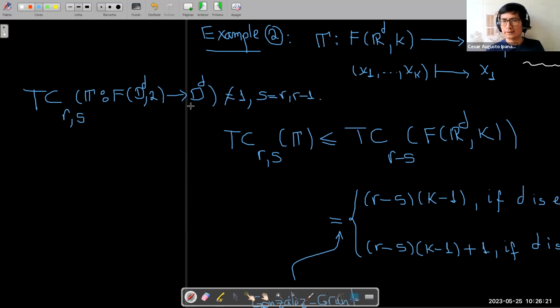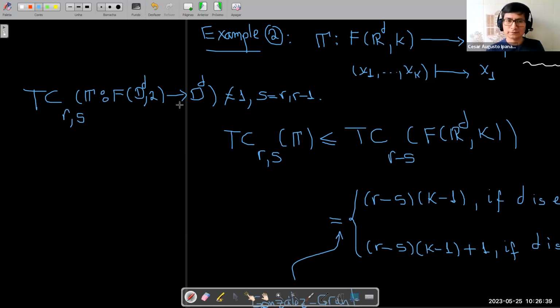Okay, this does not happen in comparison with the open ball. The open ball coincides with 1 for s equal r and r minus 1. But for the closed disk, it does not happen.